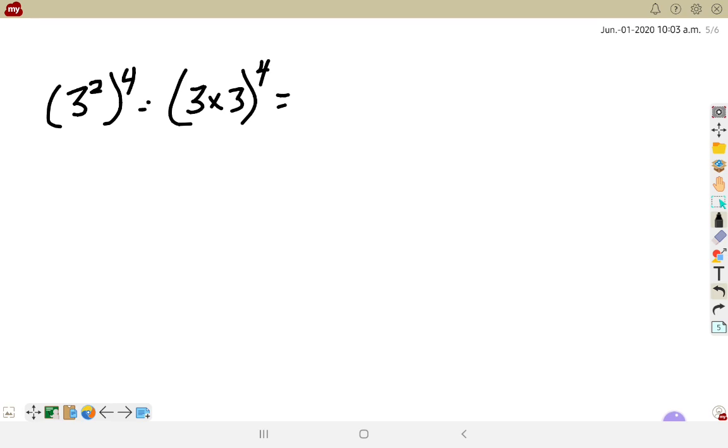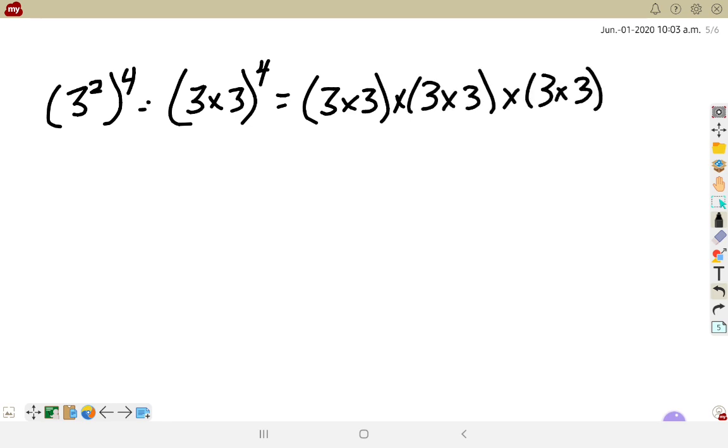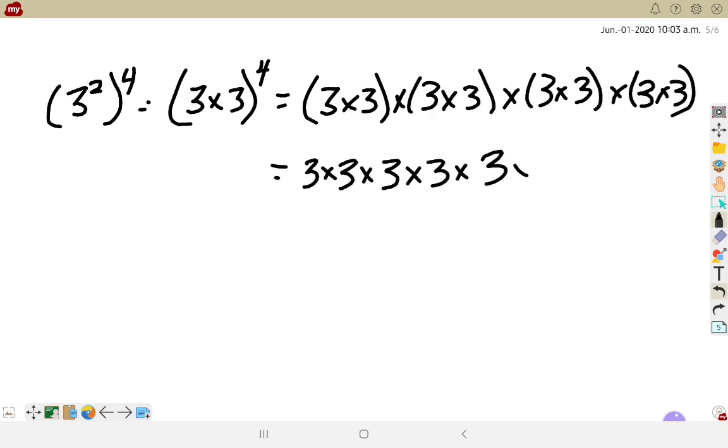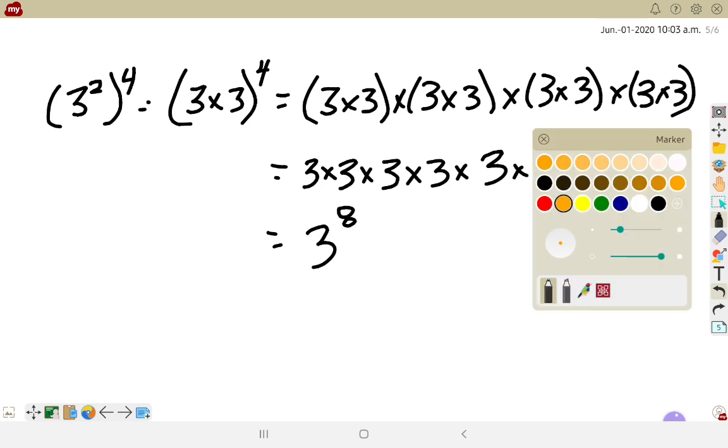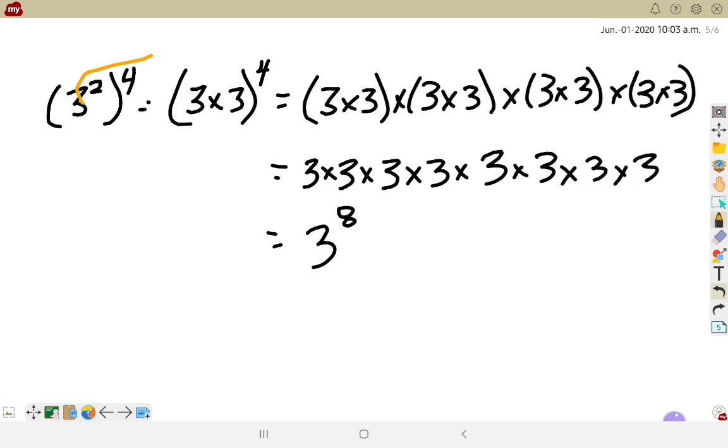So that would be 3 times 3 times 3 times 3 times 3 times 3 times 3 times 3. I have 4 groups of that base that's in brackets. Then I remove the brackets, leaving me with 8 3's in total. And that's good because my guess was that I should be able to multiply my 2 exponents together, and 2 times 4 does give me 8.